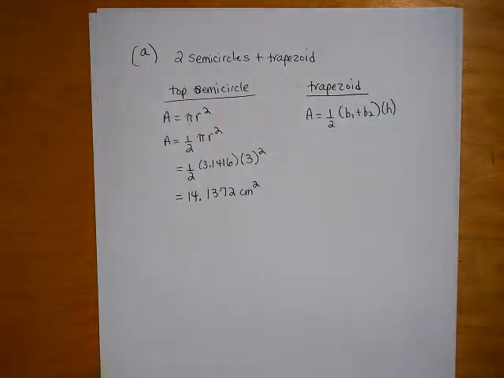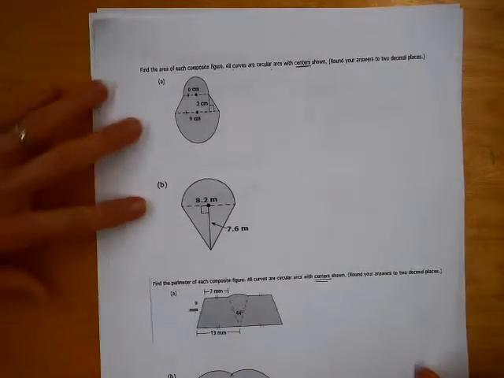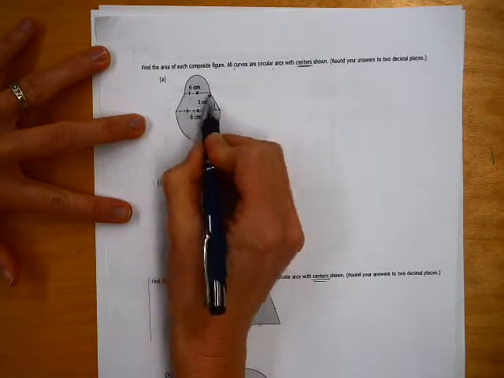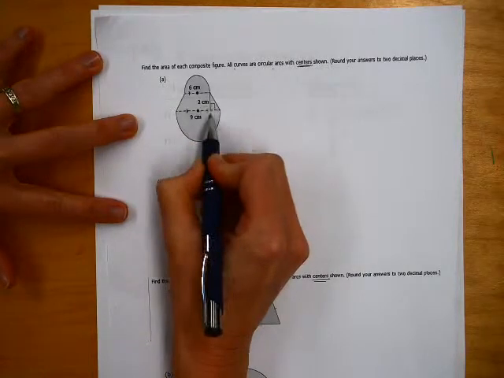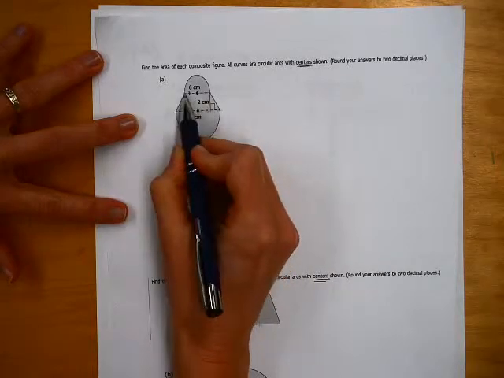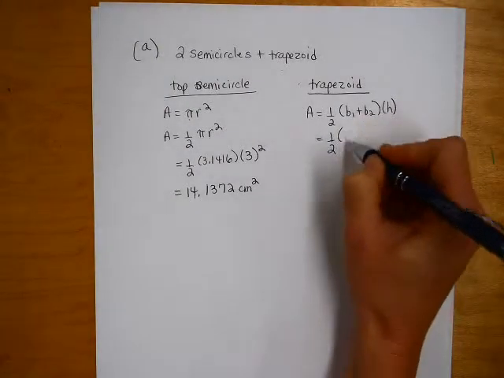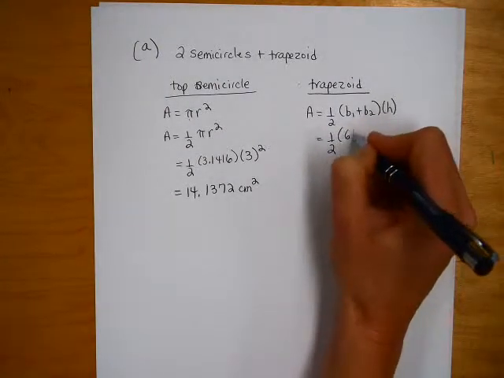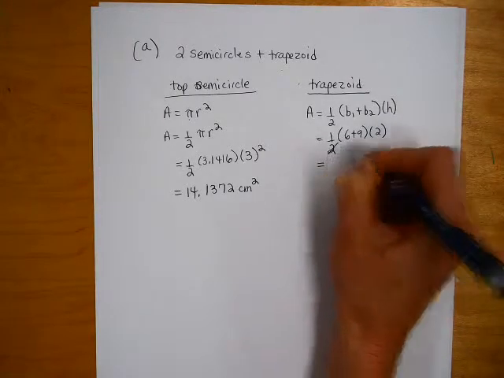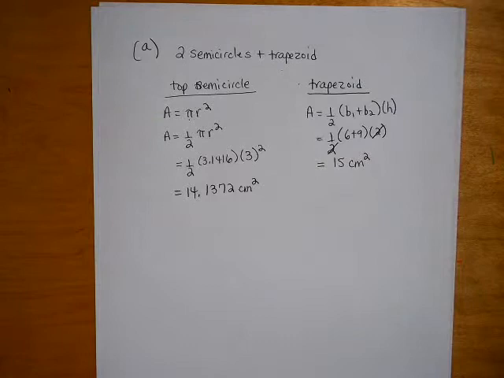Since this top part is 6 and this bottom part is 9, those are my 2 bases, and the 2 that's perpendicular to the 9 centimeters is my height. So that's 1/2 times 6 plus 9 times 2. This 2 and this 2 reduce, so it's really just 6 plus 9, which is 15 square centimeters.